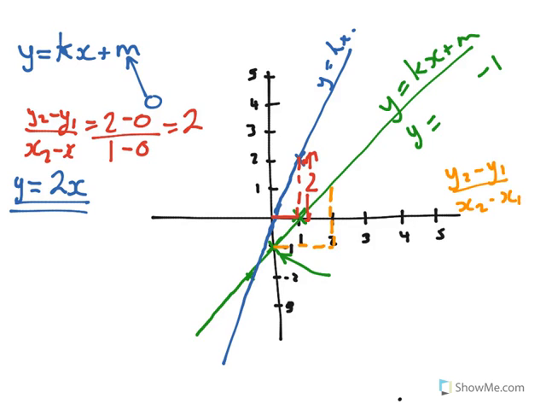The difference in y, it's going from 1 to minus 1, so that's 2. And the difference in x, we're going from 0 to 2, so that's also 2. So here we're going to get a gradient of 1. So the equation of our green line is y equals x minus 1. So we have two different equations here.